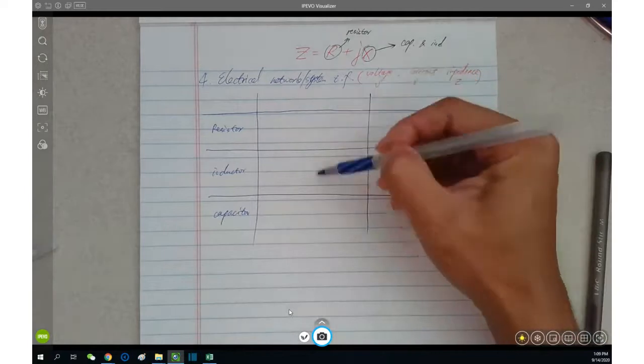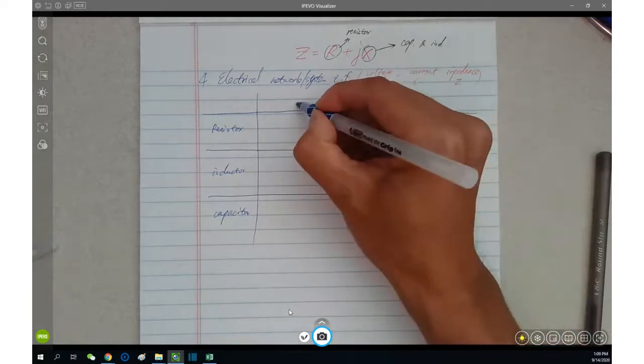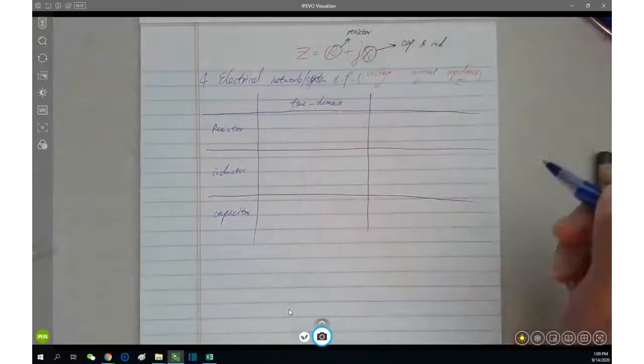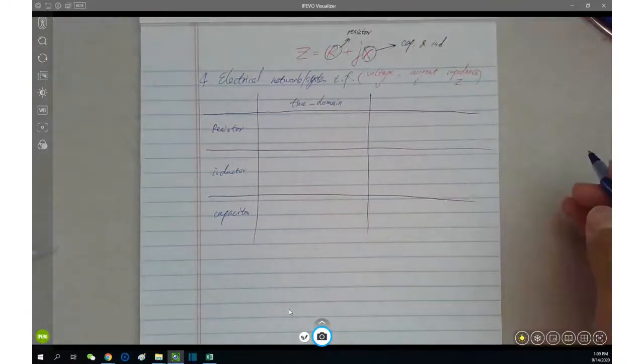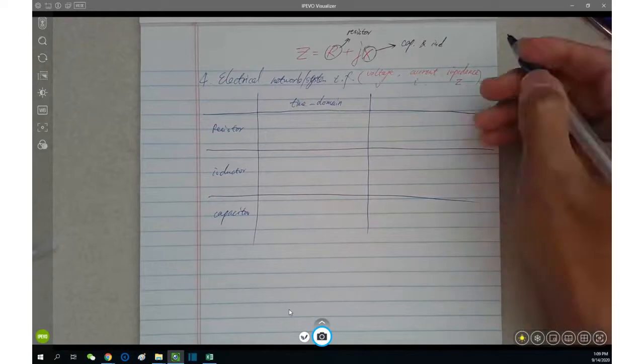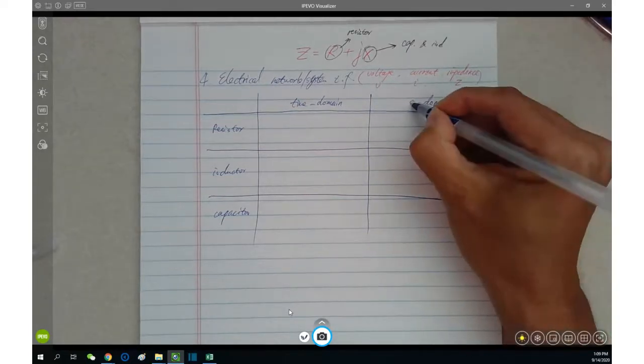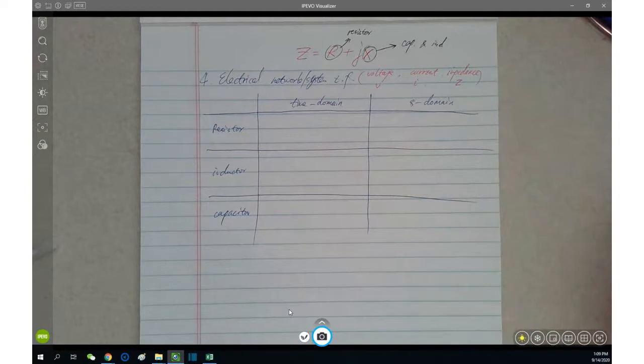In the second column, we're going to talk about the time domain model, or time domain expression, and the corresponding S domain, or frequency domain, model. So in the time domain, what do we have for the resistor?